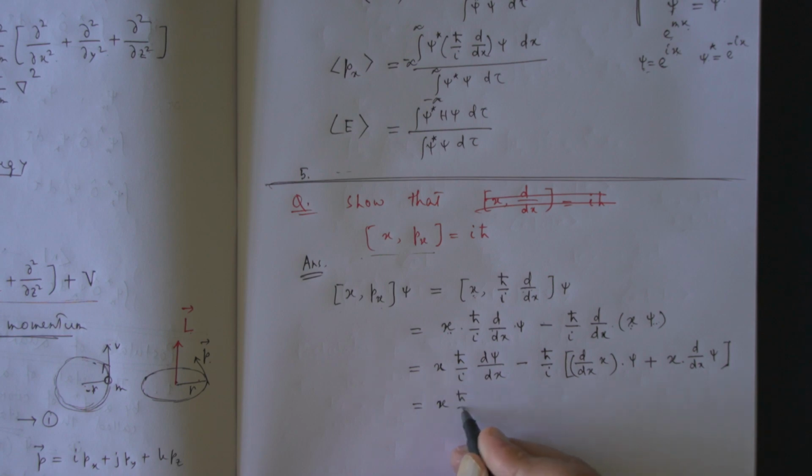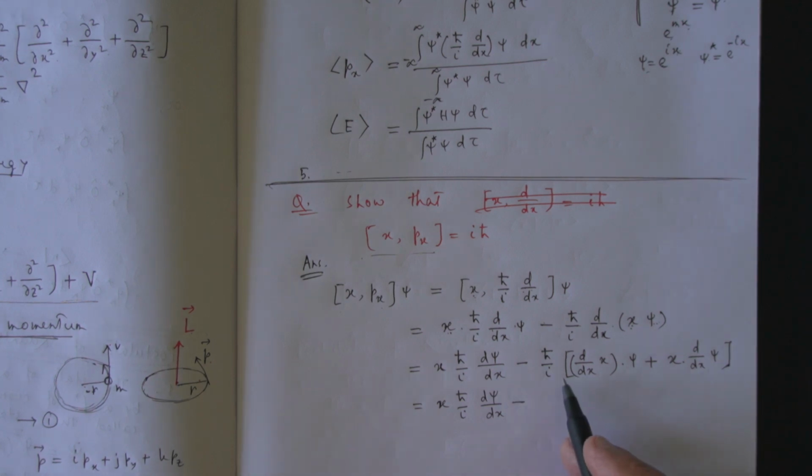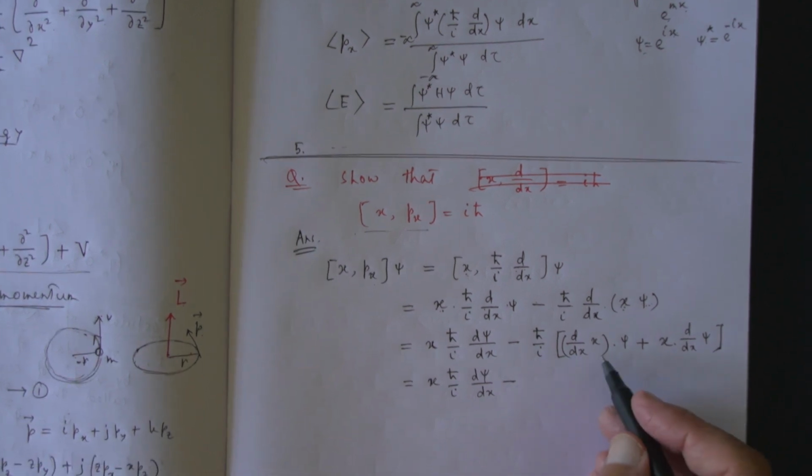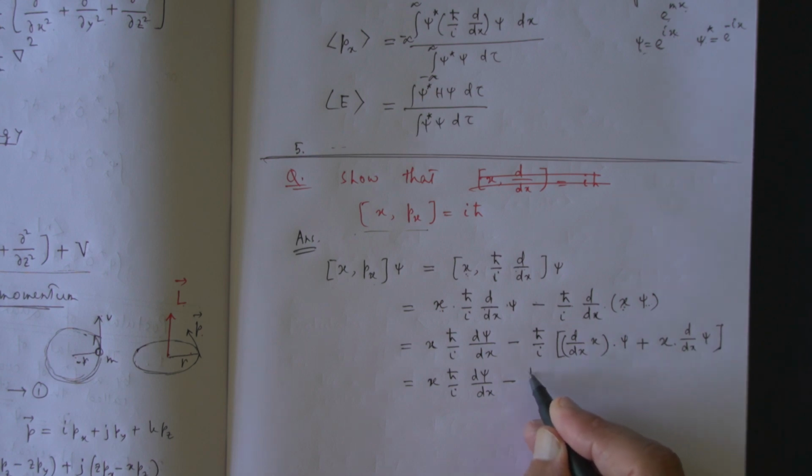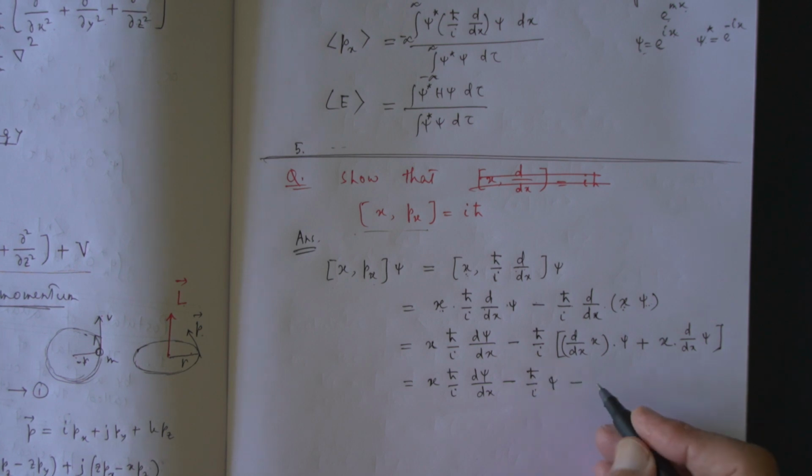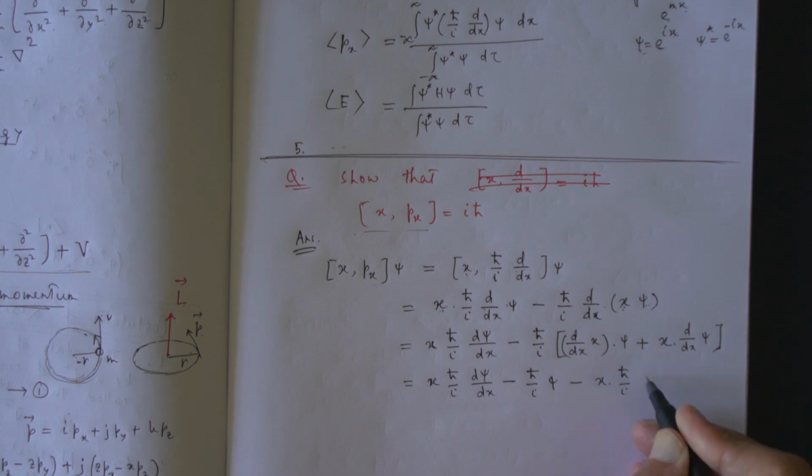So this is equal to x h bar by i d psi dx minus... so dx cancel, so this is h bar by i psi minus x into h bar by i d psi dx.